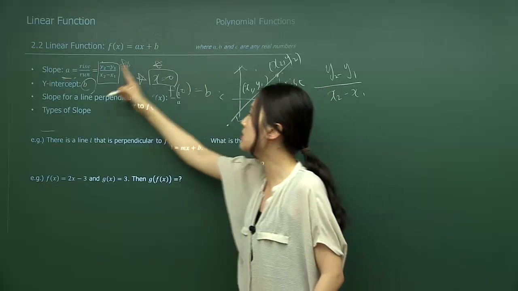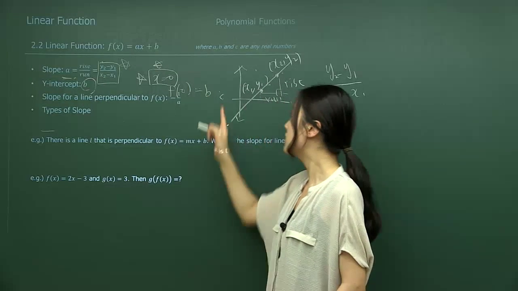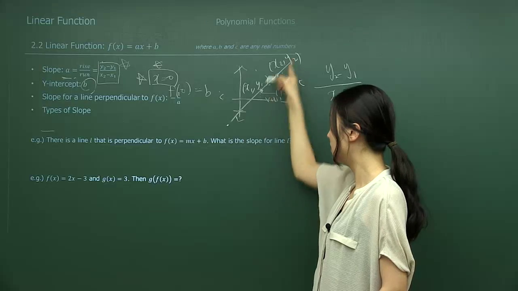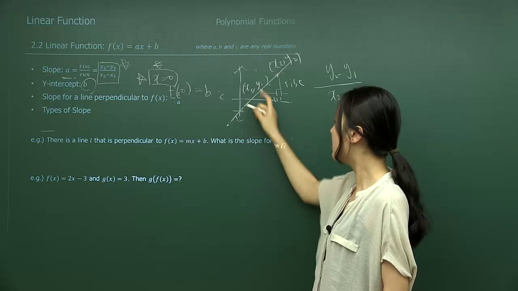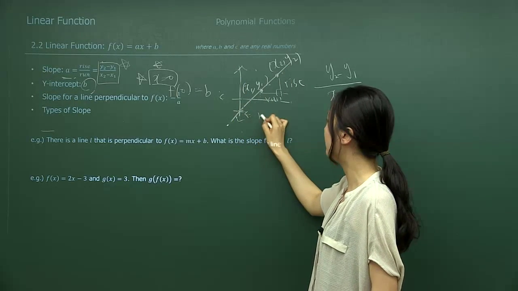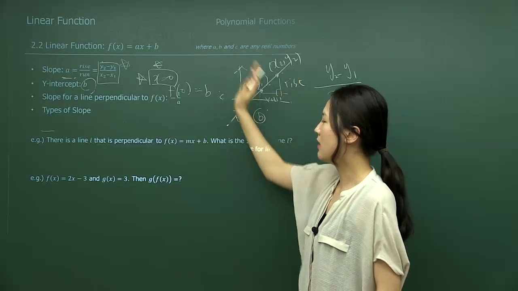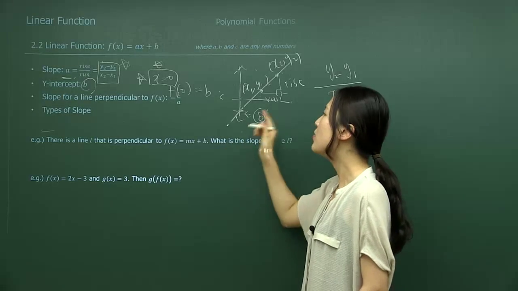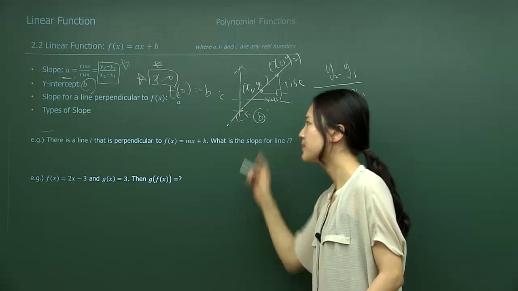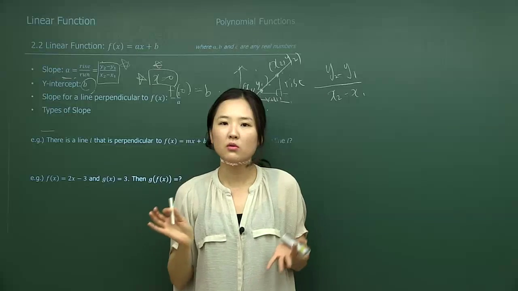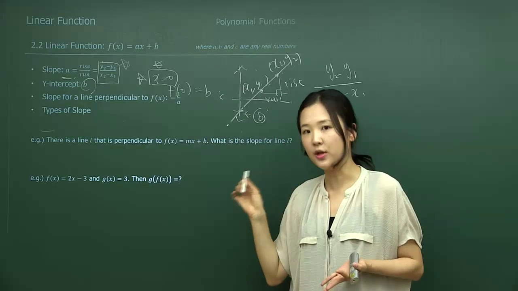Hence, b, the constant, is your y-intercept. So wherever you cross the y-axis, that's going to be your value for b. Okay. Well, there are other things that you must understand when it comes to linear functions, because they don't always give you a single straight line.